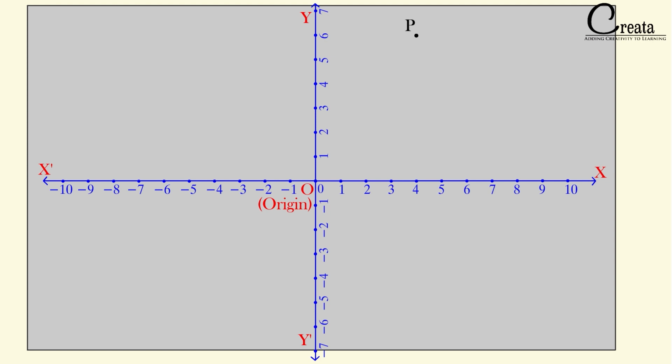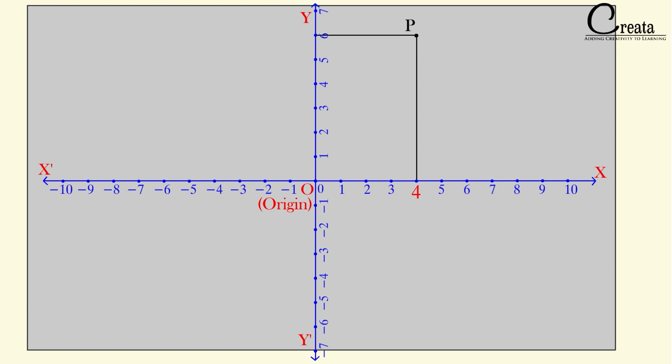Let's see how we locate this point P. Let's draw the perpendicular lines from the point P toward the x-axis as well as toward the y-axis. We got these two lines, perpendicular to the x-axis and y-axis. This line is crossing the x-axis at point 4.